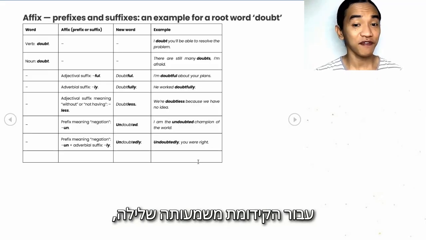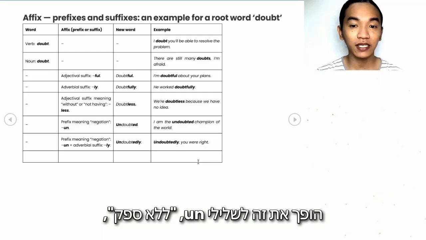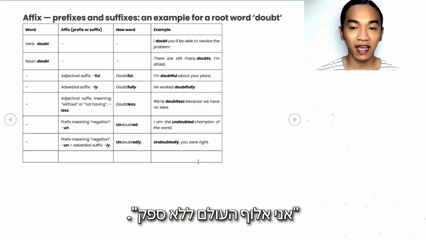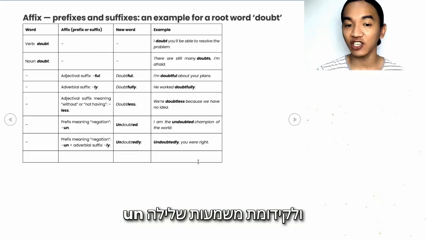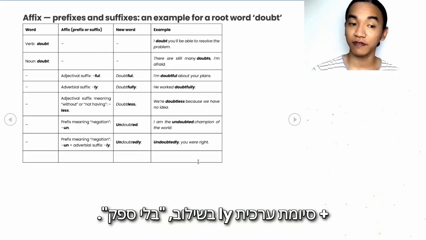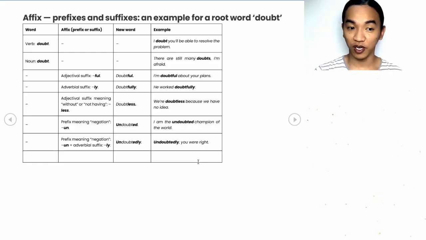Okay, for the prefix meaning negation, making it negative, un, undoubted. I am the undoubted champion of the world. Okay, and for the prefix meaning negation, un, plus the adverbial suffix ly in combination, undoubtedly. Okay, undoubtedly you were right.